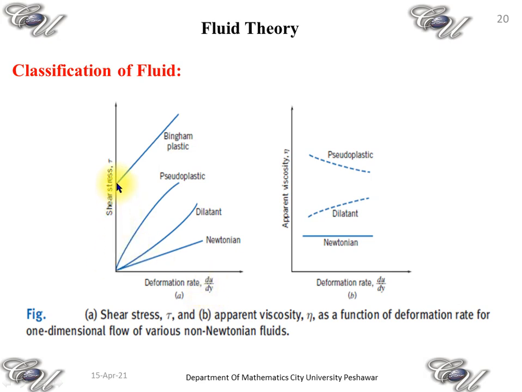So what does it mean for a fluid being a plastic? Initially it behaves like a solid, with no deformation. We increase the shear stress, but the deformation rate is zero. No deformation occurs.